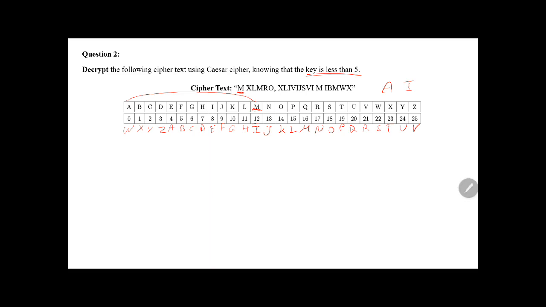So the first thing I will do, I will go and check here the M, and I will replace it with the I. So it will be I. Then I will go and search for the X and replace it with T. Then the L and replace it with H. The M and replace it with I. The R and replace it with N. The O and replace it with K. And put the comma. X, replace it with T.